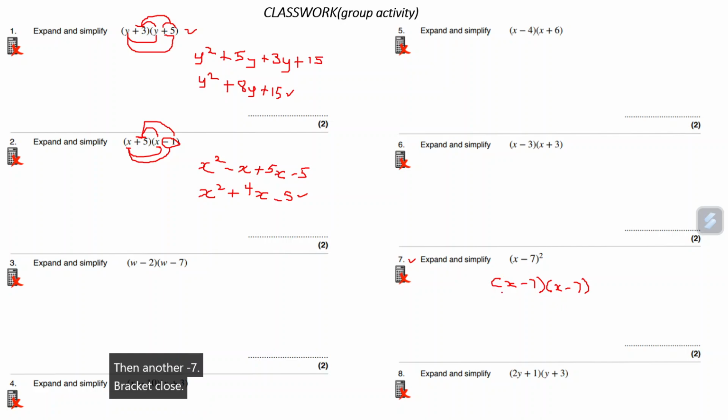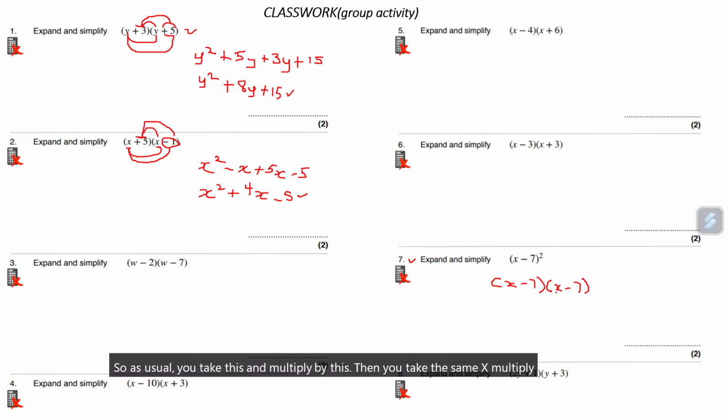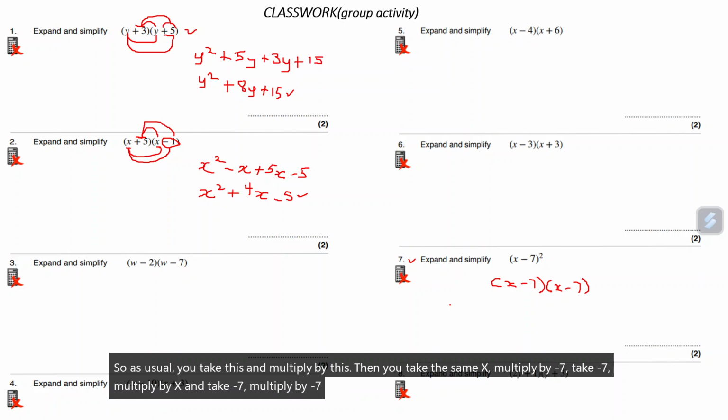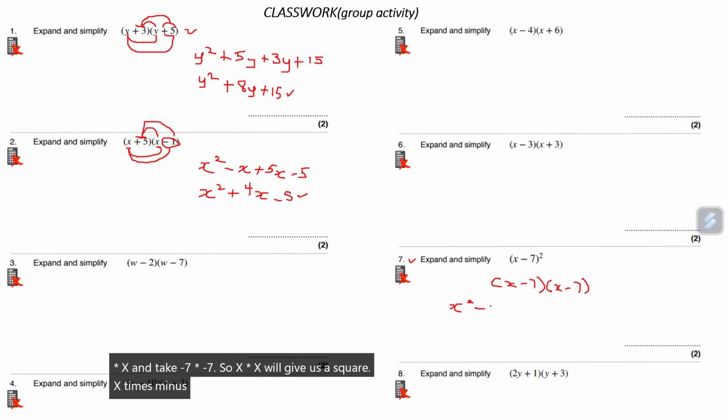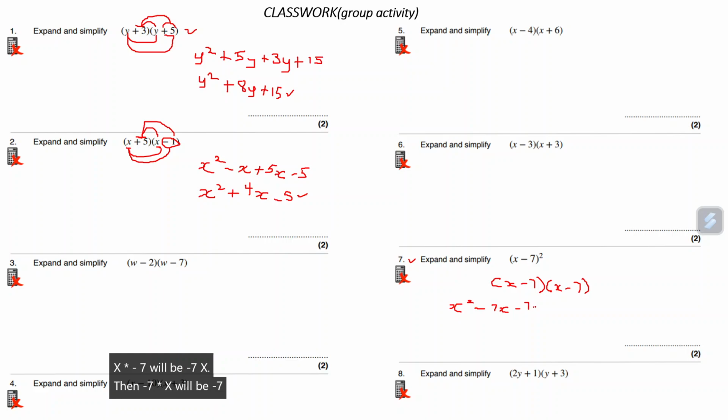So as usual, you take this, you multiply by this, then you take the same x multiplied by negative 7, you take negative 7 multiplied by x, and you take negative 7 multiplied by negative 7. So x times x will give us x squared. x times minus 7 will be minus 7x. Then minus 7 times x will be minus 7x. Minus 7 times minus 7, that will be plus 49.